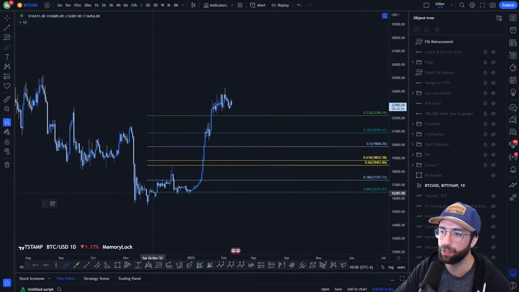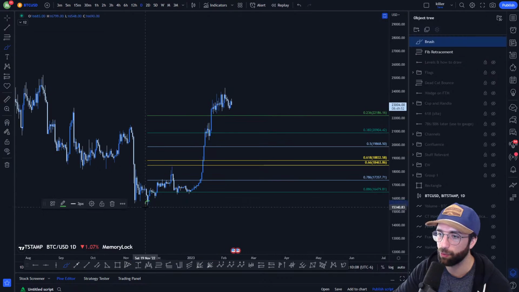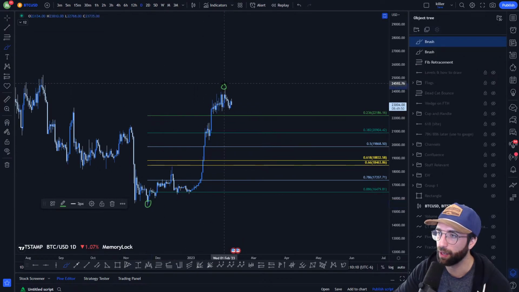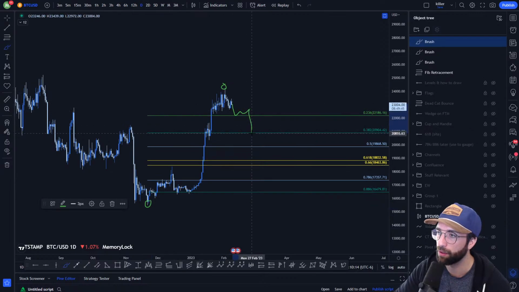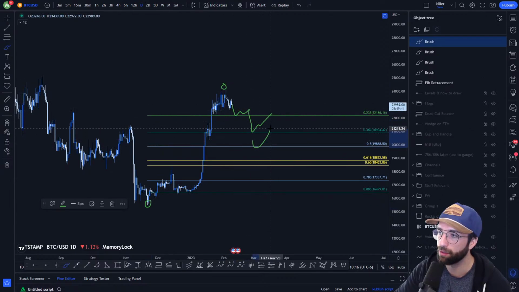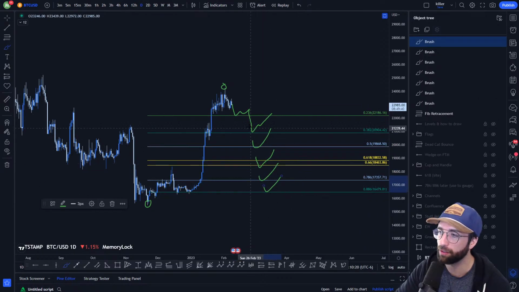So what does this mean? We drew this from our swing low to our swing high, so these areas would each be potential areas of support. Now, one thing to note with Fibonacci is that you don't want to rely on these levels alone.